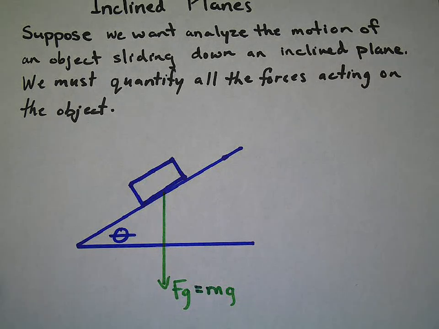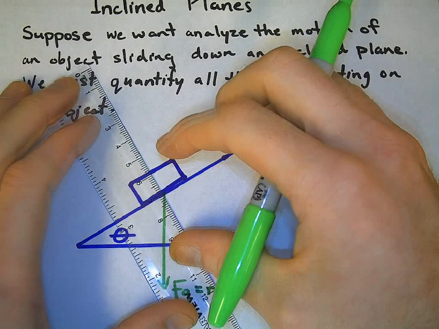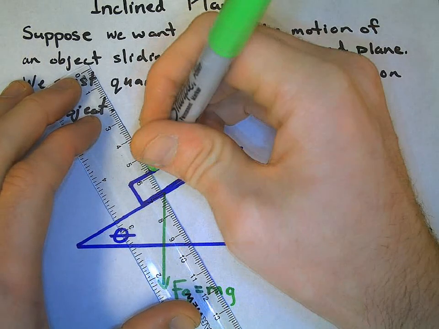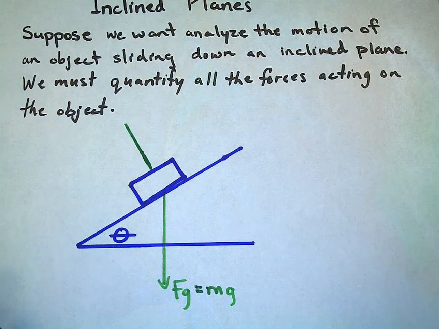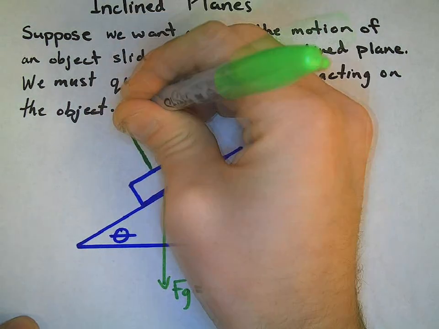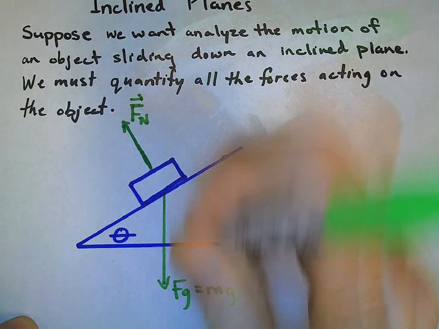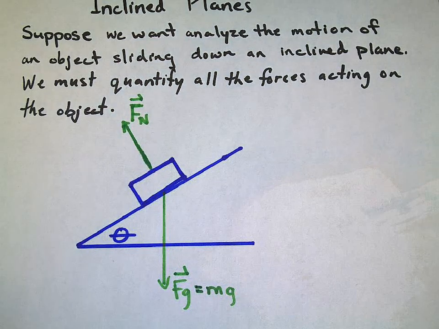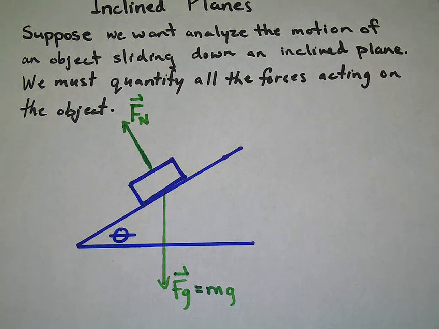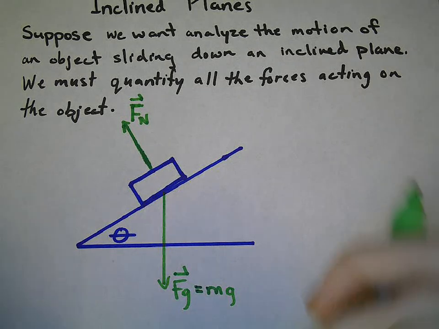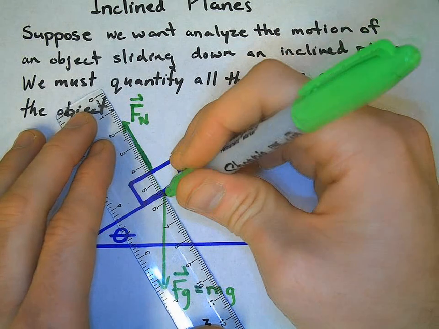We know that our normal force is actually perpendicular to the surface in which the object is in contact with. So here is my normal force here. I need to somehow get a component of this normal force, and we can do so by making this a simple geometry problem.